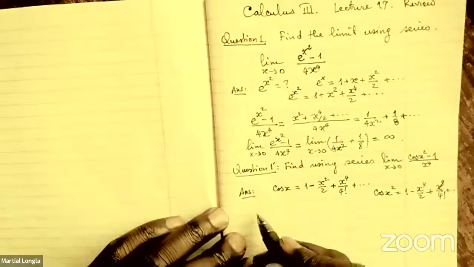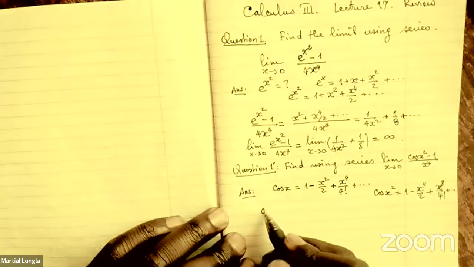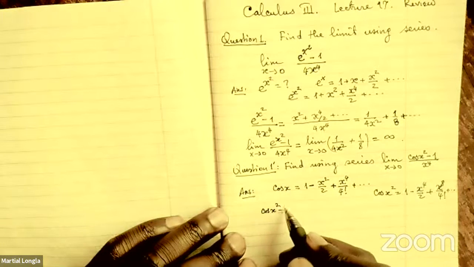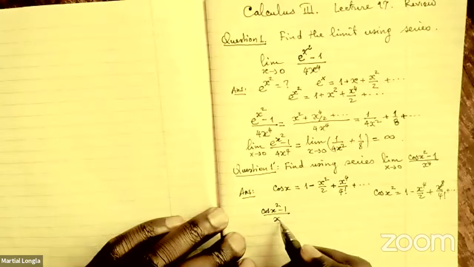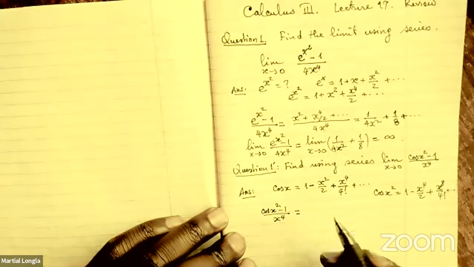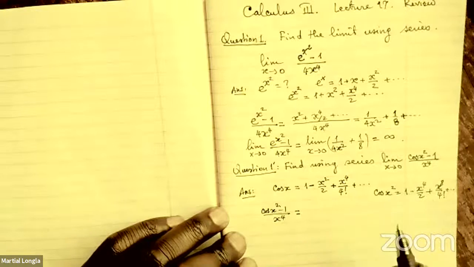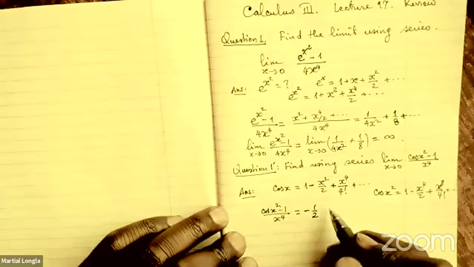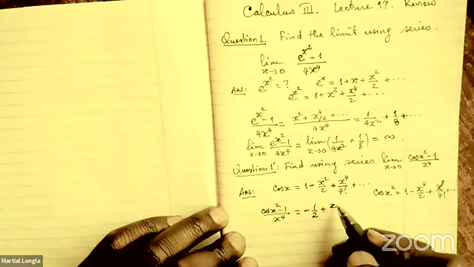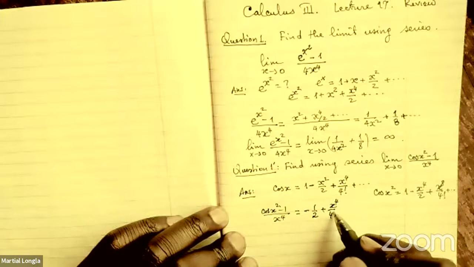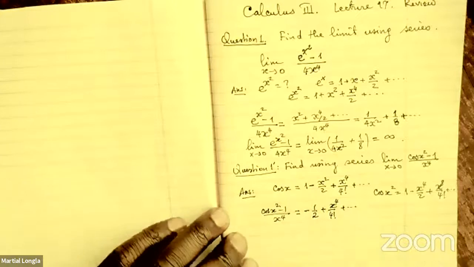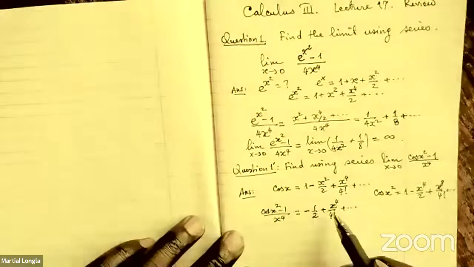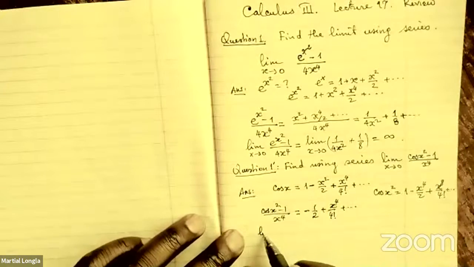And now you can have cosine of x squared minus 1 over x to the 4th equals, minus 1 goes there, over x to the 4th. That's minus 1/2 plus x to the 4th over 4 factorial. And then clearly, it's seen that these terms here are going to go to 0.